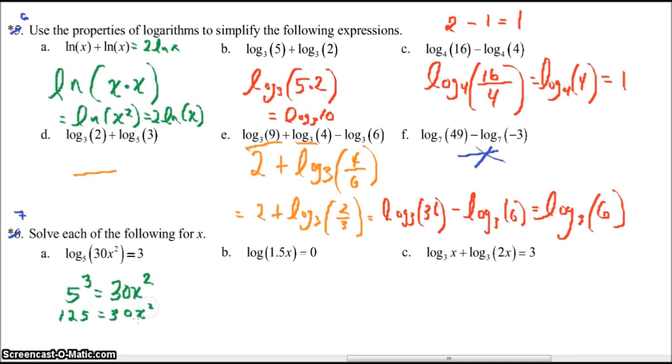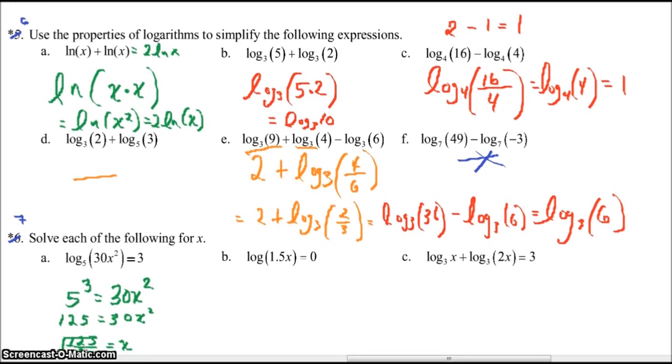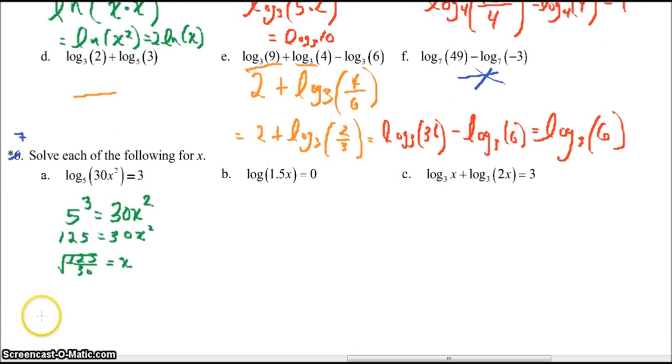I want to solve for x. X is squared and multiplied by 30, so to undo that I can divide by 30, and then take the square root. And so x is the square root of 125 over 30, which you could simplify as the square root of 25 over 6, or something like 5 over square root 6.